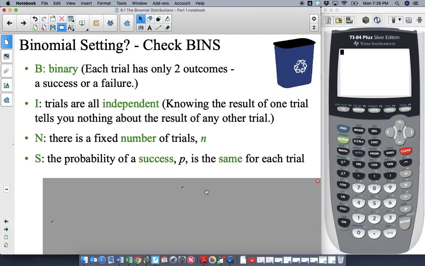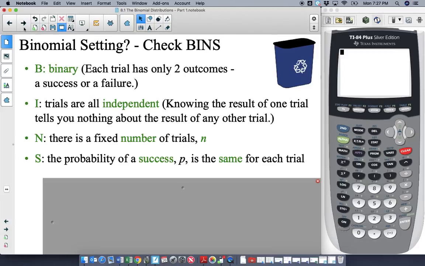So again, B for binary, there's only 2 outcomes, a success or failure. I is for independent trials. All the trials are independent. Knowing what happens in one does not affect what happens in the next one. And there's a fixed number of trials. And S, the probability of a success is the same for each trial.